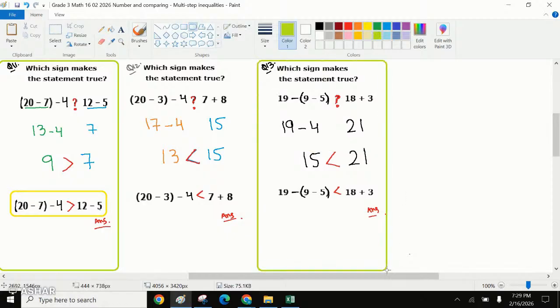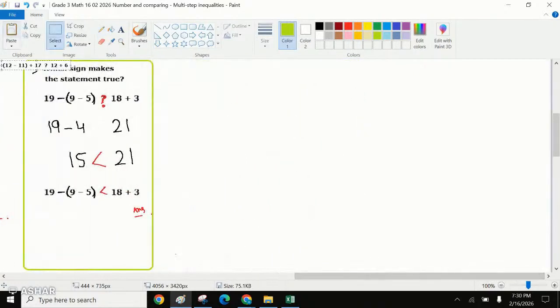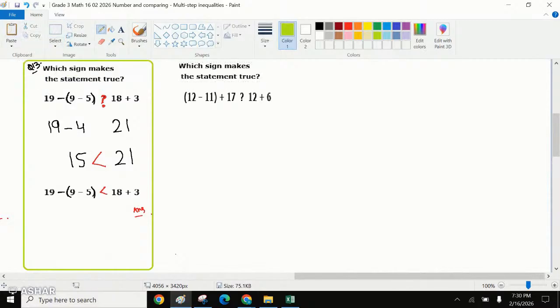Okay, let's have a look at a few more examples. The next question says, which sign will make the statement true such that this is a given question to us, and the given statement is this. This is our question number 14.